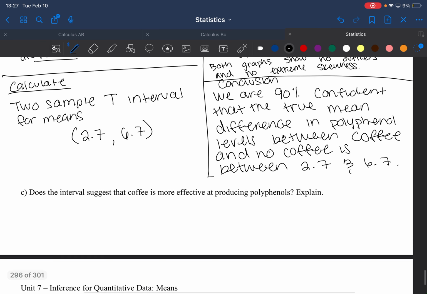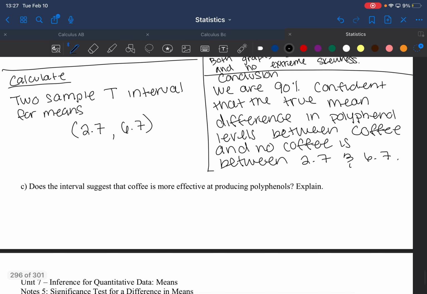So if we were answering this problem, what would we say? In our confidence interval, since our interval doesn't contain 0, that means it is a significant difference.